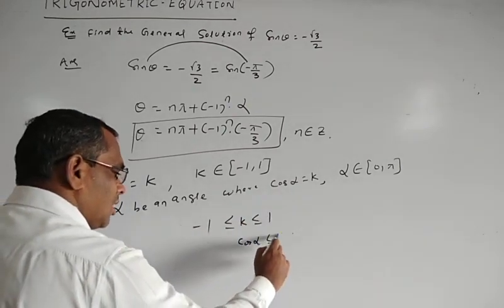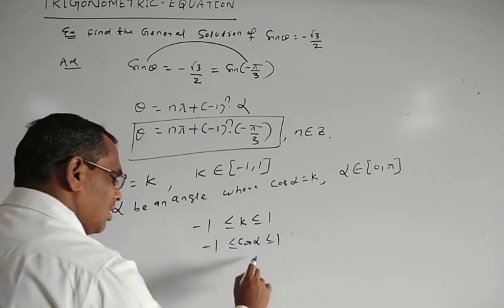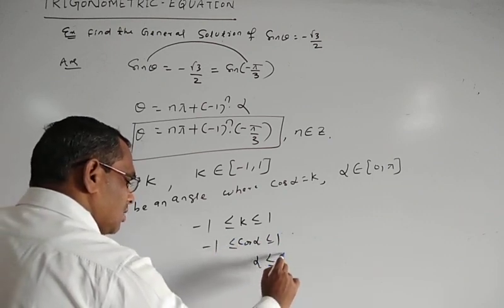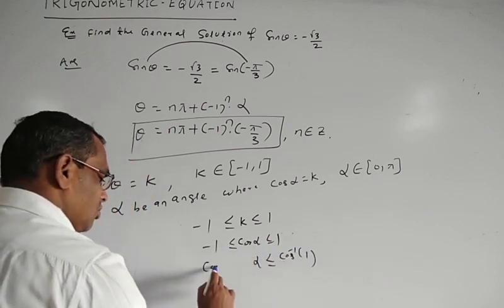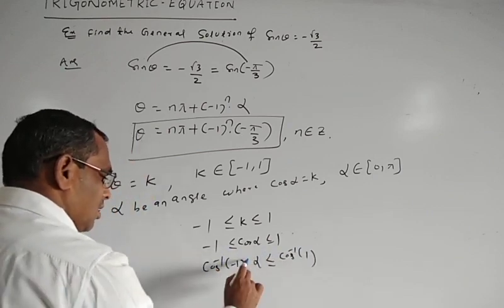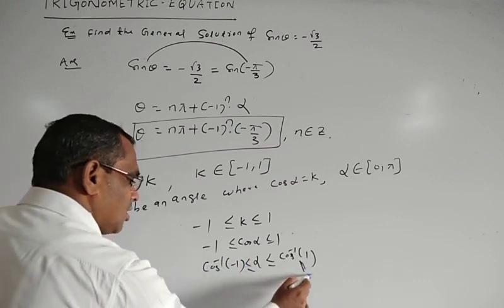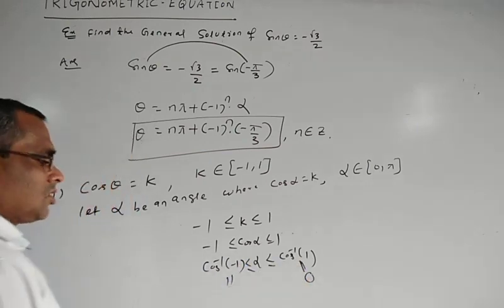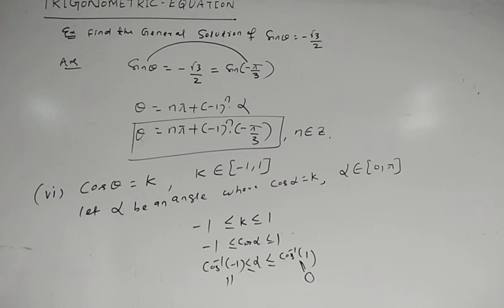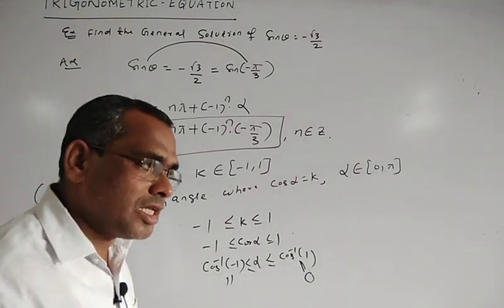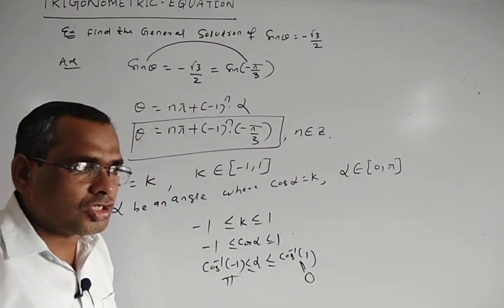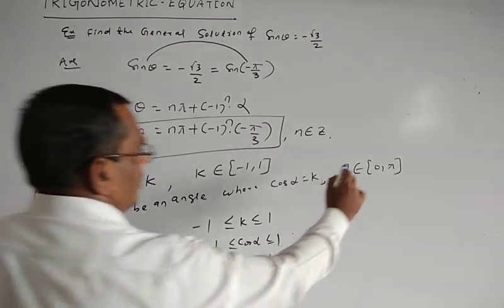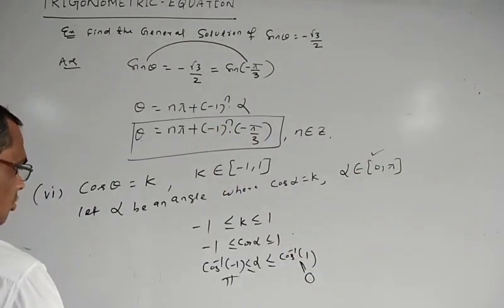So cos alpha is less than or equal to 1 and greater than or equal to minus 1. So alpha is between cos inverse 1 and cos inverse of minus 1. Cos inverse 1 is equal to 0 and cos inverse minus 1 is equal to pi, because you know cos 0 is equal to 1 and cos pi is equal to minus 1. Therefore alpha belongs to the closed interval 0 to pi.